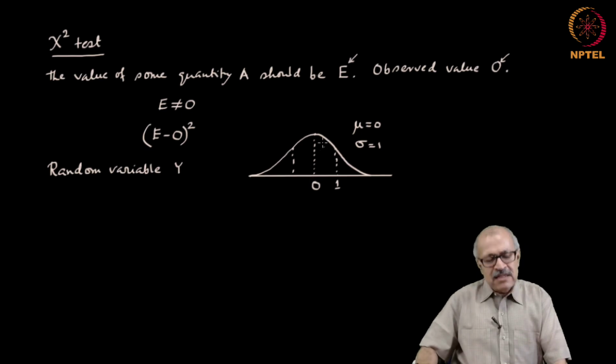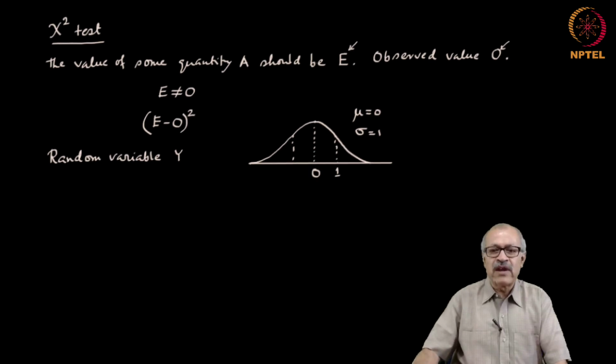So, if y is distributed like this, how should y square be distributed? Because here we are dealing with the square of a random variable, we are trying to understand how the square of a random variable would behave.